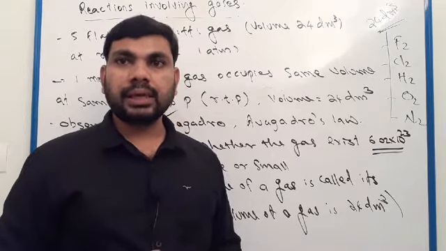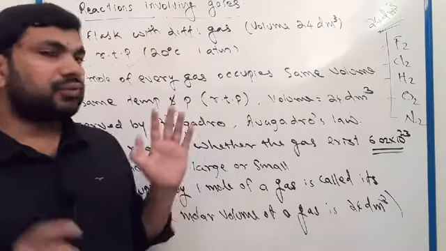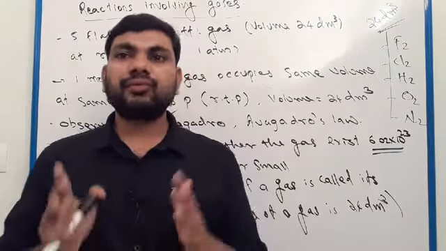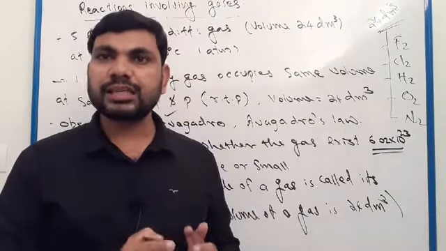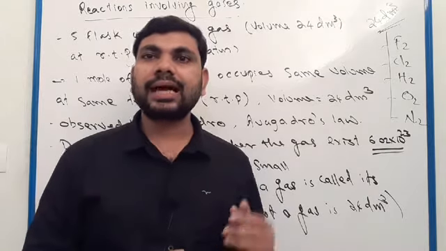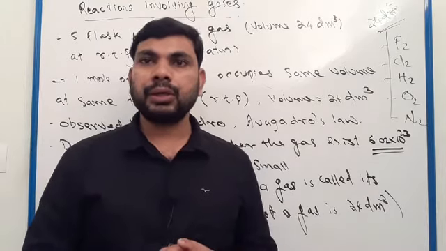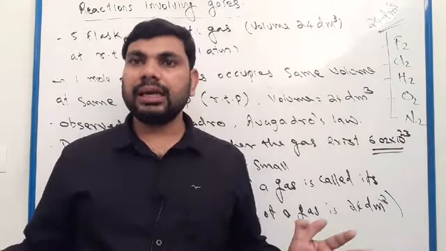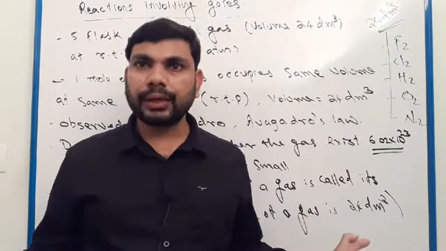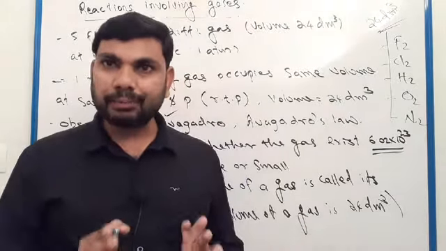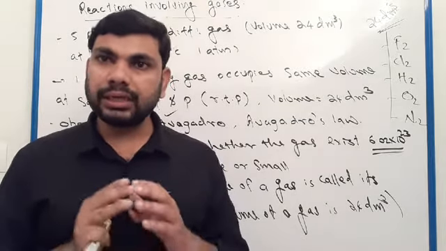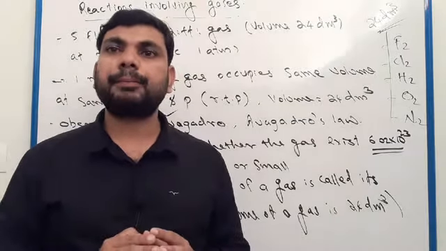Okay, so here 5 different gases in 5 different containers, their volume is the same, 24 decimeter cube, same temperature 20 degrees Celsius and 1 atmospheric pressure. Gases are different, containers are different, but volume, temperature and pressure are the same.